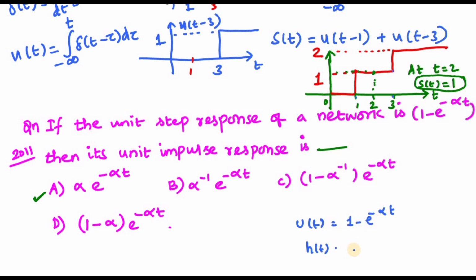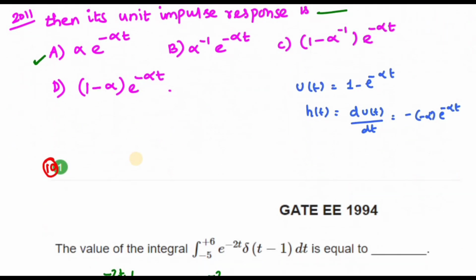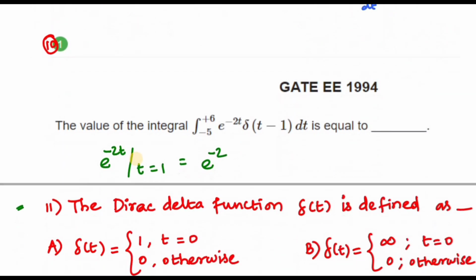If I differentiate this value, I will get alpha into e power minus alpha t. In order to make this one 0, I need to substitute t value equal to 1. So if I substitute here, you will get e power minus 2.